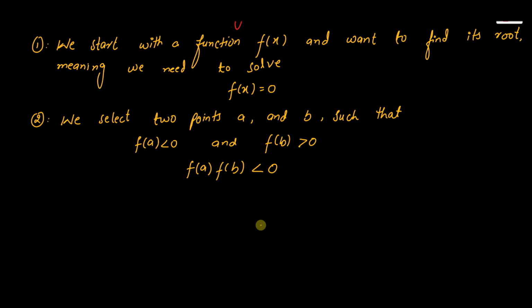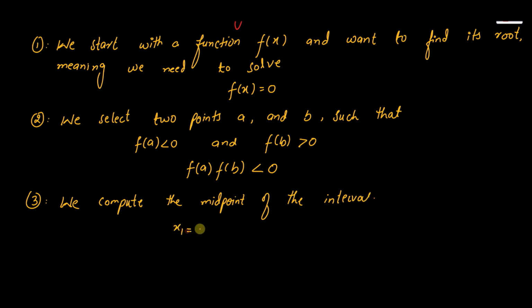In step 3, we will find the midpoint. That is basically the formula for the bisection method. So we compute the midpoint of the interval, which means that x1 is equal to a plus b divided by 2.